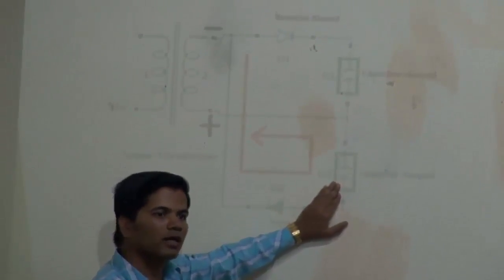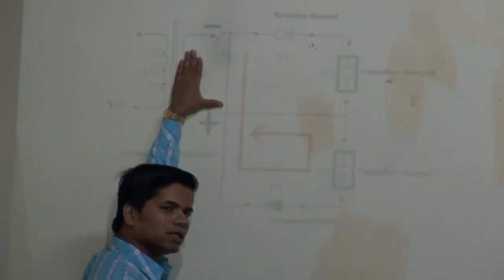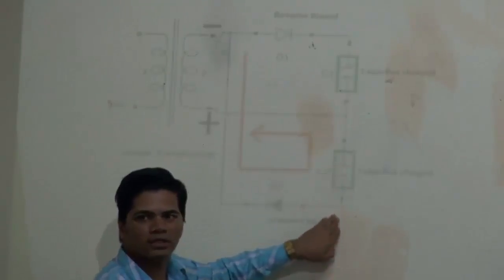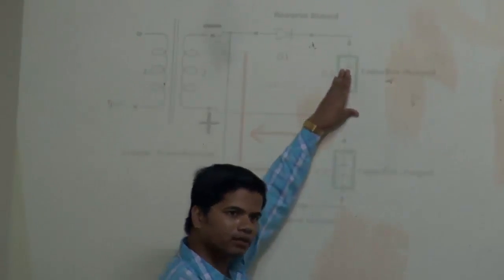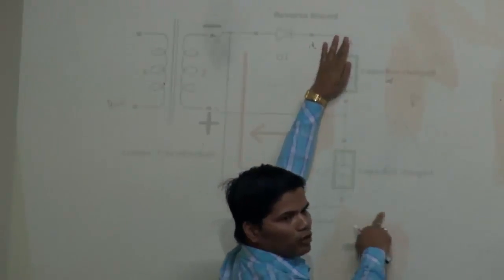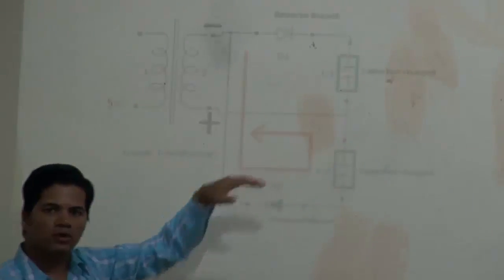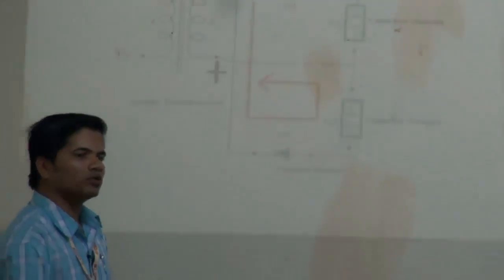Whatever Vmax we are providing here, this Vmax is available two times through these two capacitors. Here you get one Vmax, here the second Vmax. So whenever you take the output across these two terminals, you will get 2 Vmax. In that way we can make the double of the input voltage.